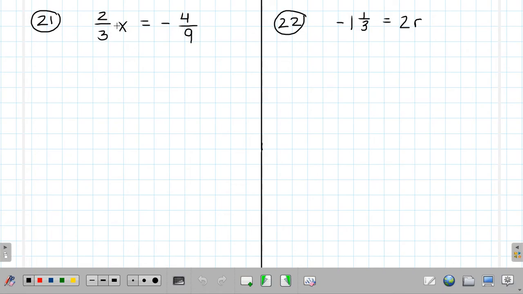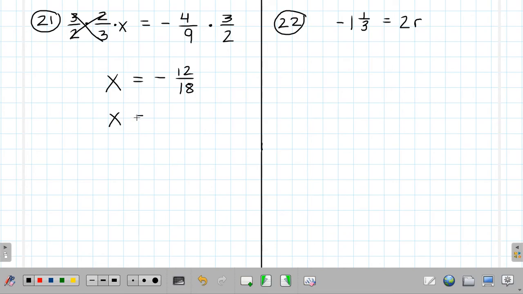In this case, we're doing 2/3 times x. So that means we need to divide by 2/3, which is the same as multiplying by 3 over 2. Okay, so once again, the whole point here, those will go away, leaving us with x. Negative times a positive is a negative. 4 times 3 is 12. 9 times 2 is 18.